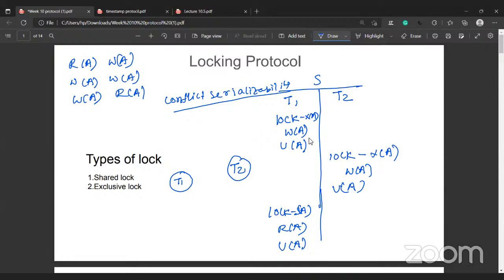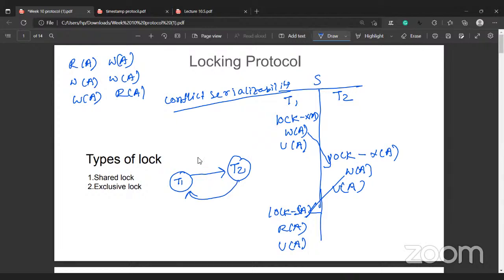So you will draw the precedence graph. This is the conflict instruction.